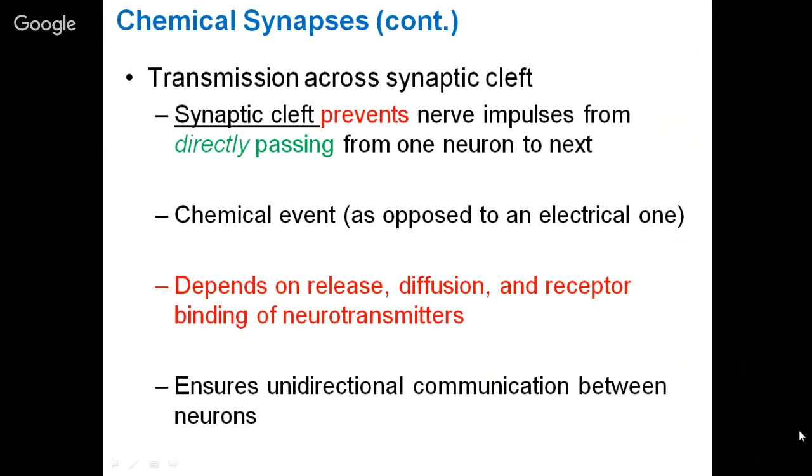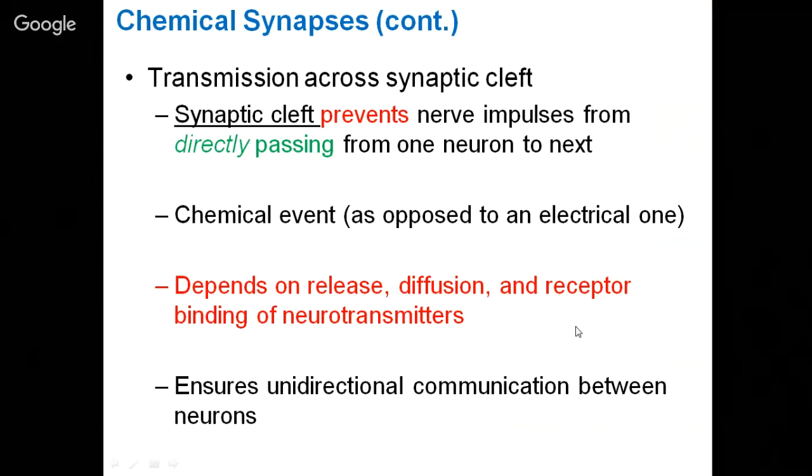And this is a chemical event as opposed to an electrical event. Because of the synaptic cleft, transmission across it depends on the release of the neurotransmitters, diffusion of it across the synaptic cleft, and the receptor binding of neurotransmitters.